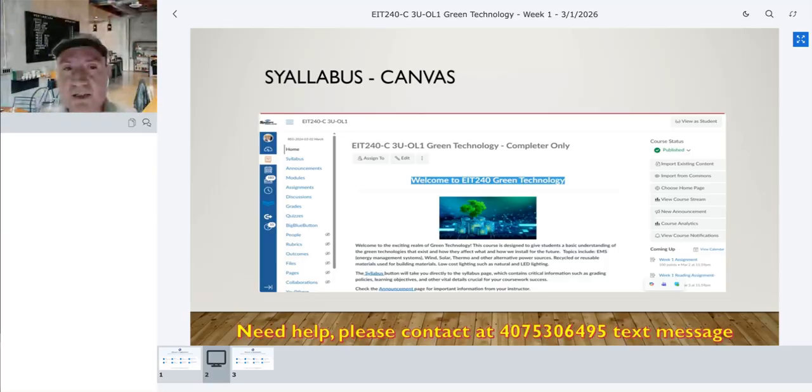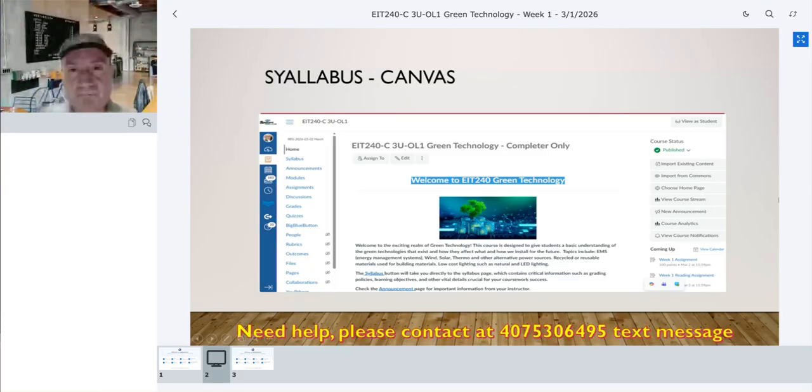On the left side, you see the menu and the different options that you can access, and this is pretty much the main menu. Remember, if you need help, please contact me by text message at 407-530-6495. I'm happy to help you, but don't forget, a text message is very important in order to make good contact with you if you have any questions.